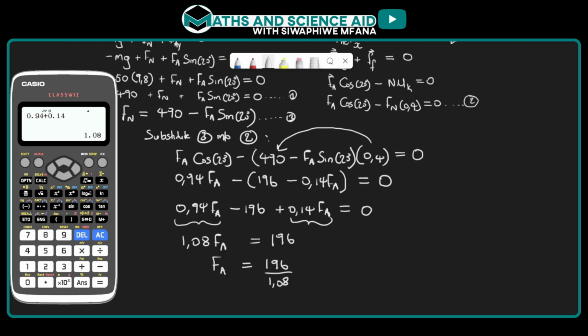And using our calculator, 196 divided by 1,08 is equal to 181,48. So the applied force is 181,48 newtons. Okay, and so this would be the magnitude of the force Fa.